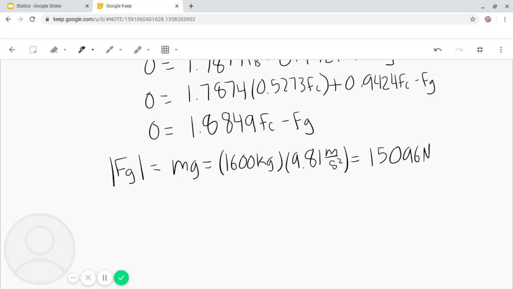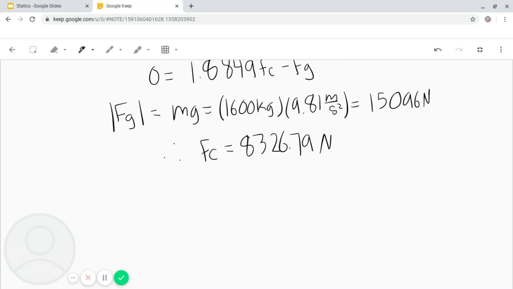And then we can solve for Fc. So we say therefore Fc equals 8,326.79 newtons, and then going back and using those relationships.